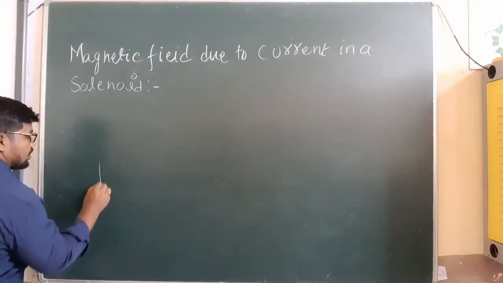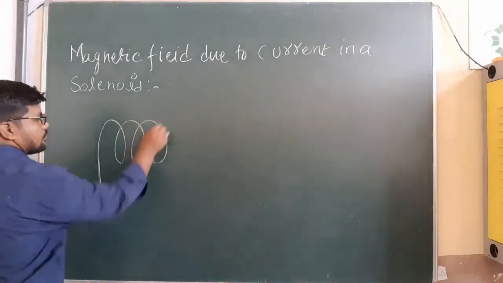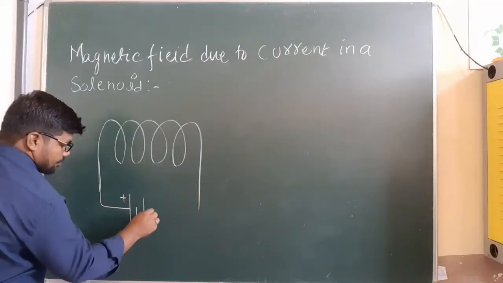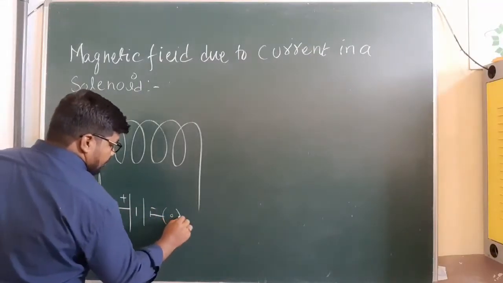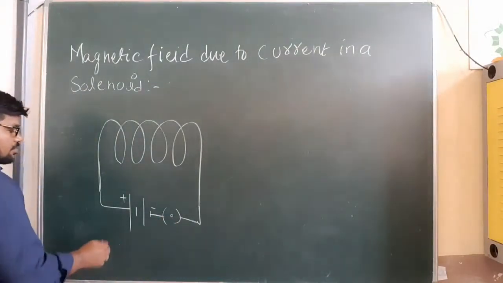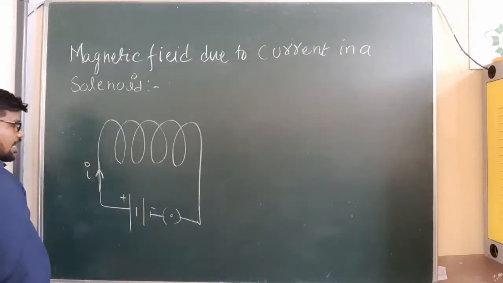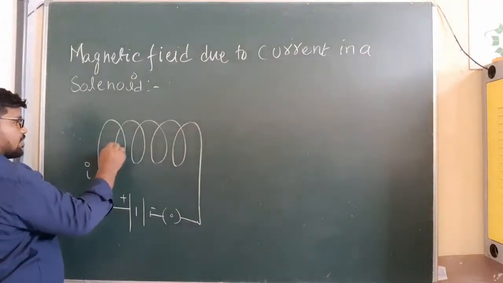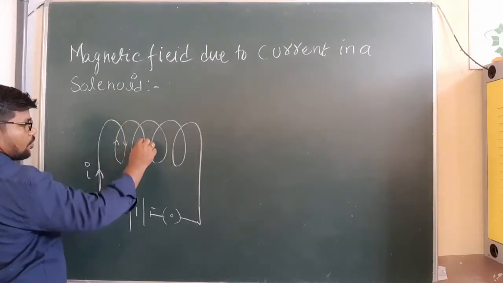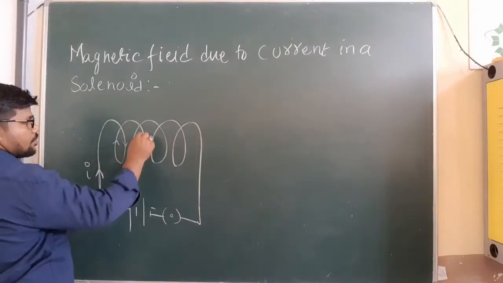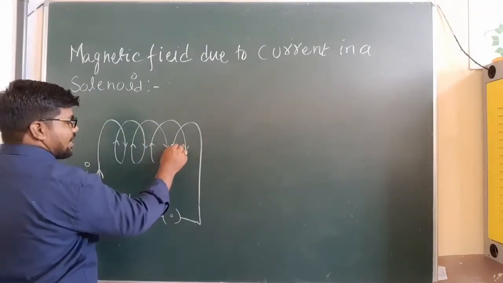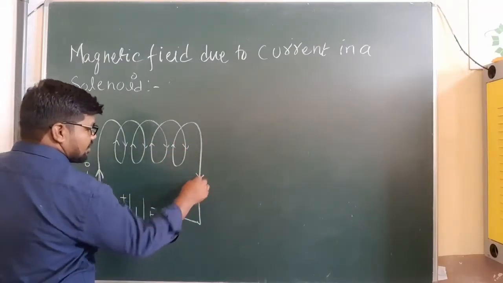Now this is a solenoid. We take a battery and arrange a key. When the key is on, current passes through the solenoid. See here, the current moves like this. This is the direction of the current.